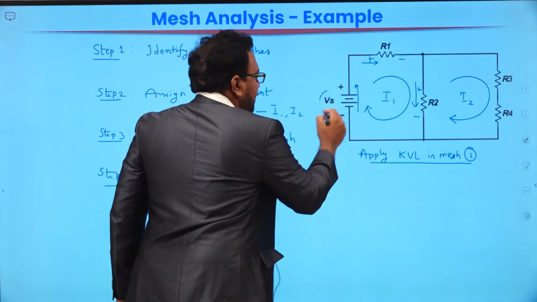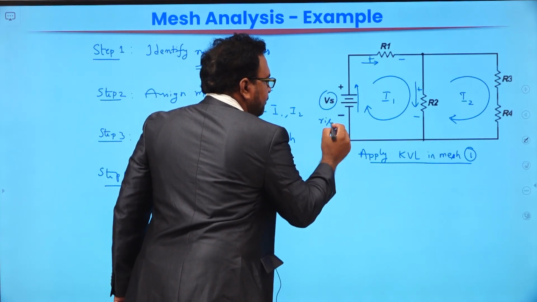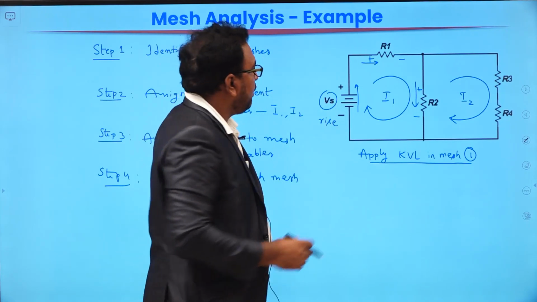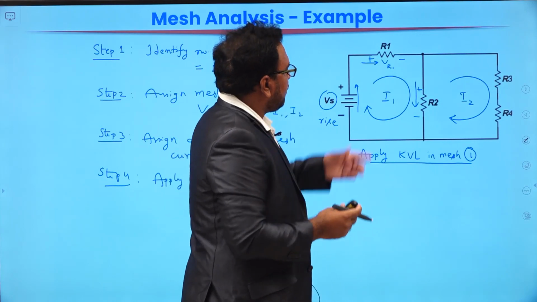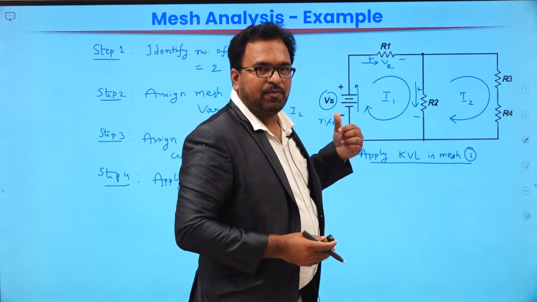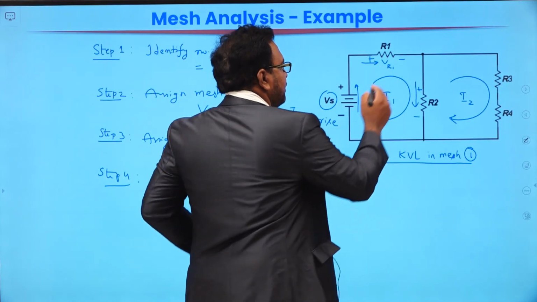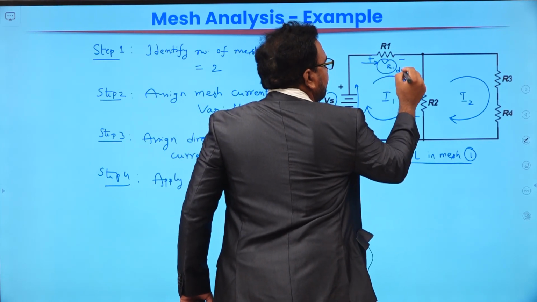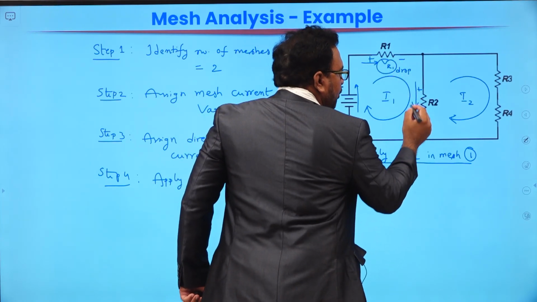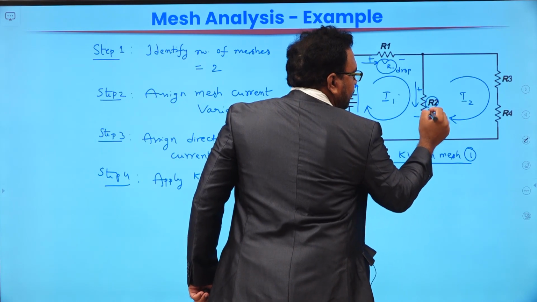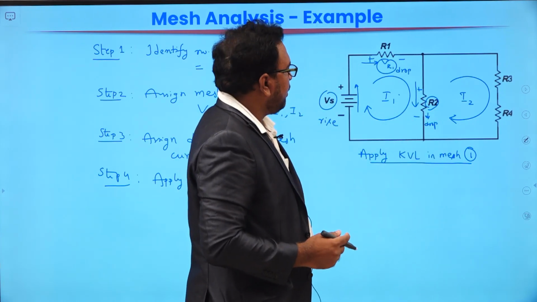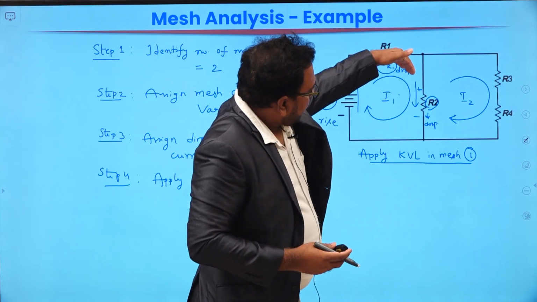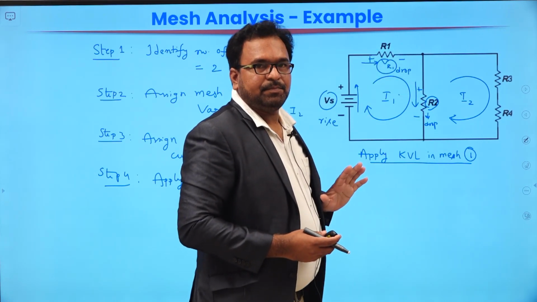So Vs is a rise. Now assume that the voltage across R1 is VR1. It is a drop. And the voltage across the resistance R2 is also a drop, because the current I1 is flowing from plus to minus.